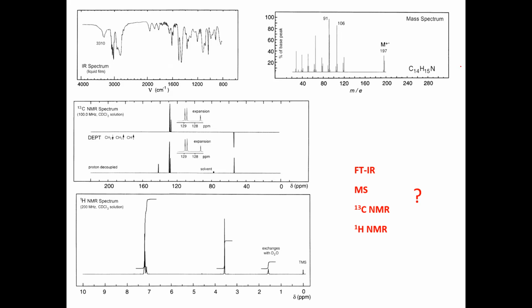Consider that we have 14 carbons. What does it tell you? It suggests lots of symmetry.